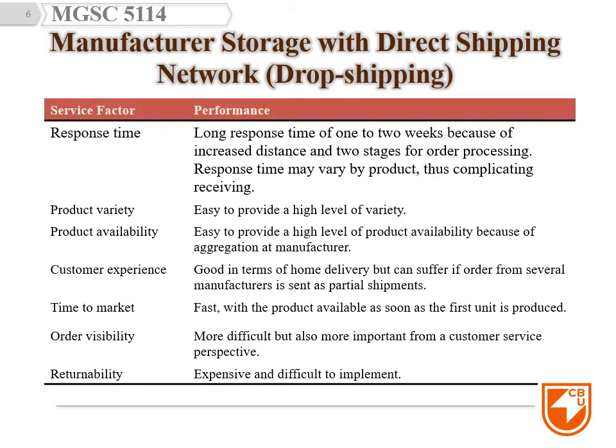Now we want to look at this type of distribution network design from the customer perspective. So from the service factor, we have certain items to review. The first one is response time.